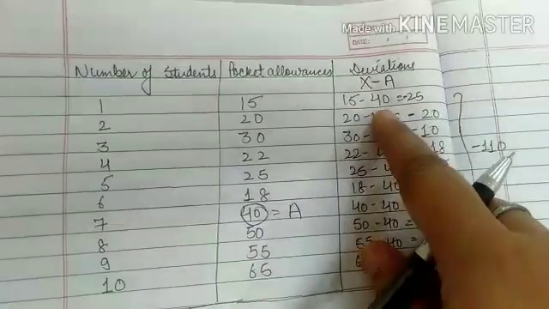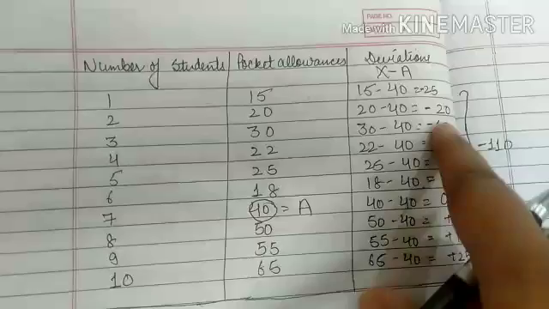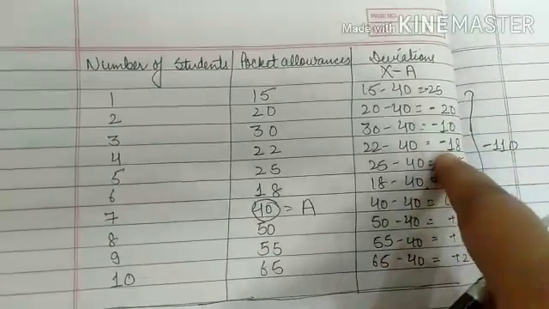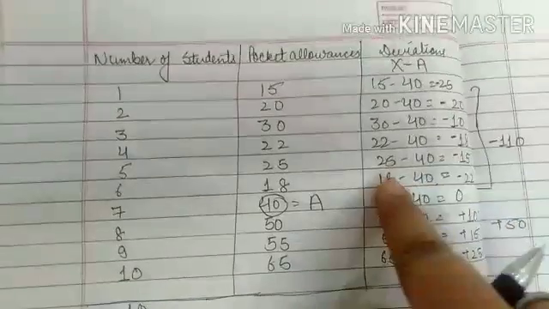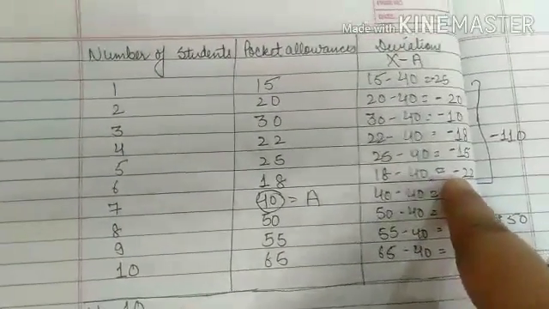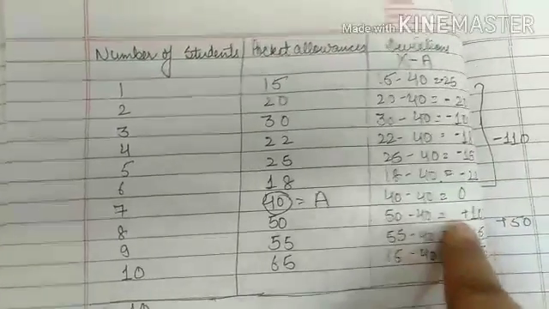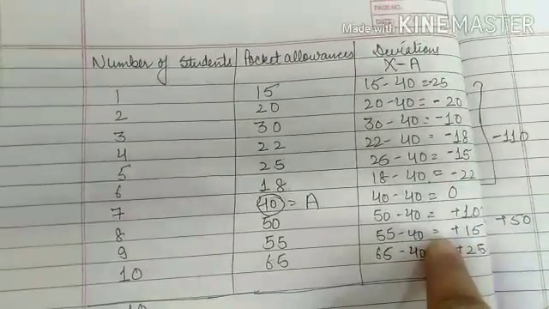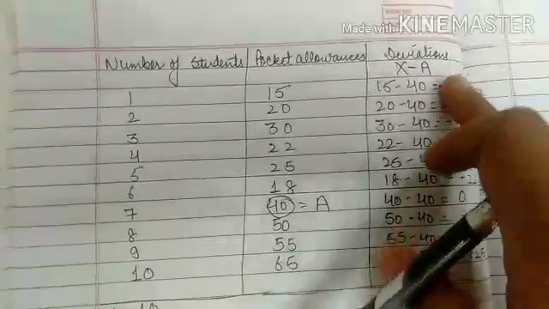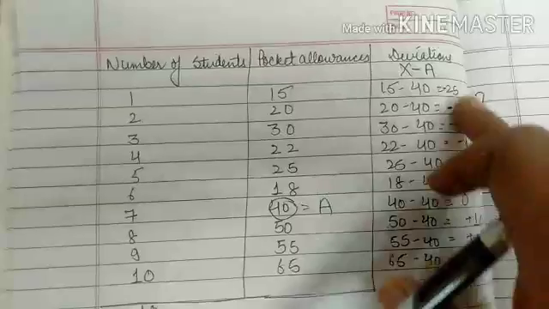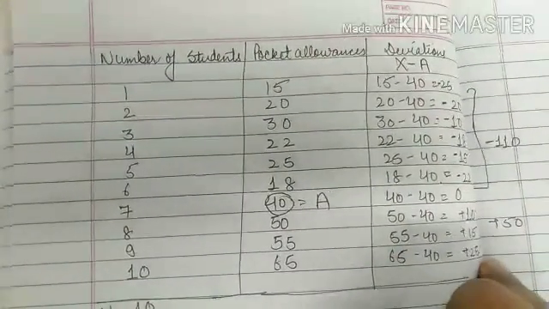So 15 minus 40 is minus 25, 20 minus 40 is minus 20, then minus 10 and minus 18. 25 minus 40 is 15, 18 minus 40 is 22. Then 40 minus 40 is 0, 50 minus 40 is 10, then 15 and then 25. Now we find the sum, adding the negative items separately and the positive items separately.